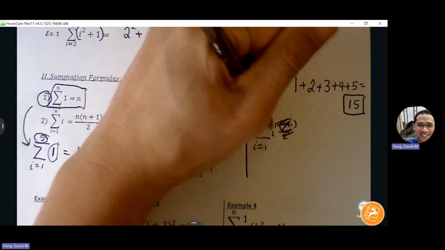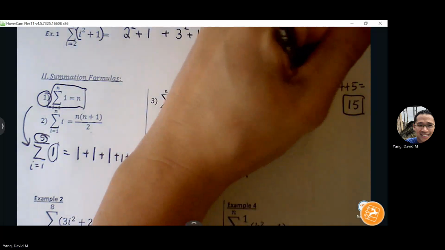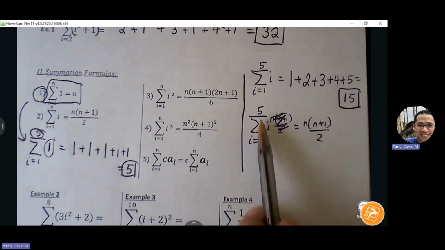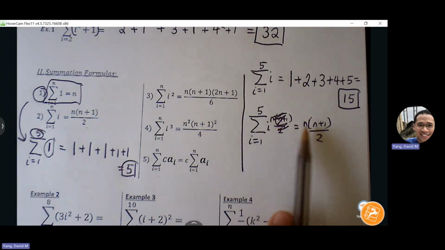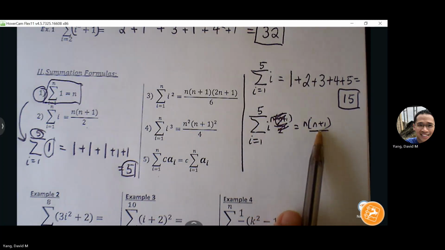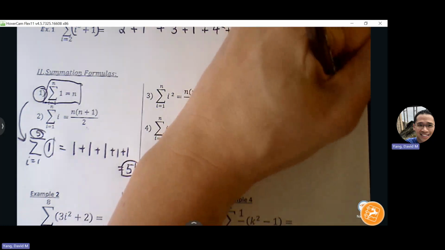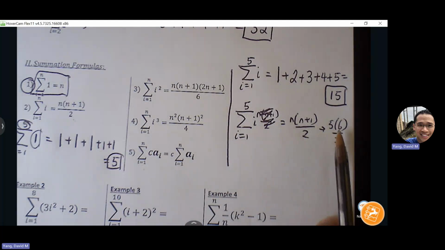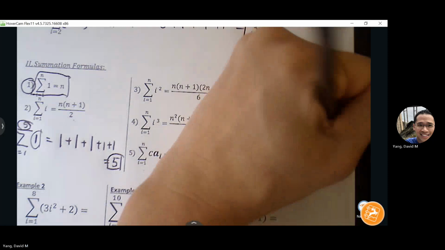So what we're going to do is take the upper bound and insert it for n. So 5 times what? 5 plus 1, which is 6. So 5 times 6 divided by 2, which is the same thing, right?